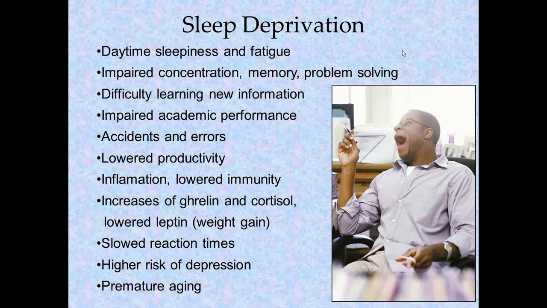So if a person is trying to lose weight, one of the things they should do is try to get adequate sleep. People who are sleep deprived also react more slowly, slower reaction time, and are at a higher risk for depression. If sleep deprivation is ongoing, the person also may experience premature aging.